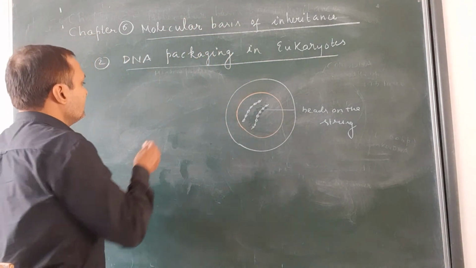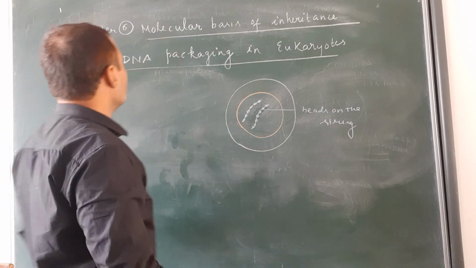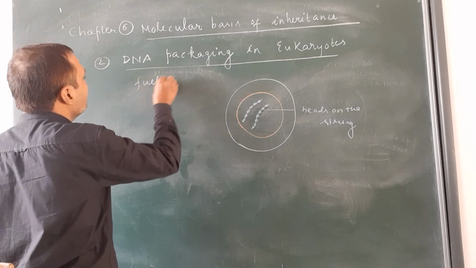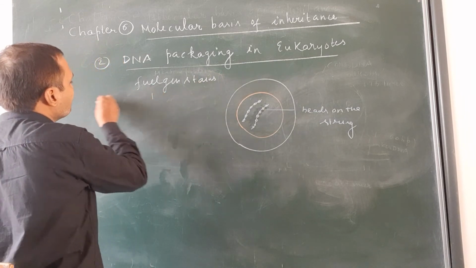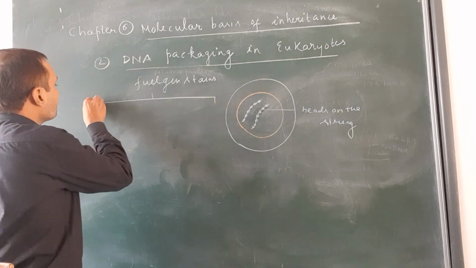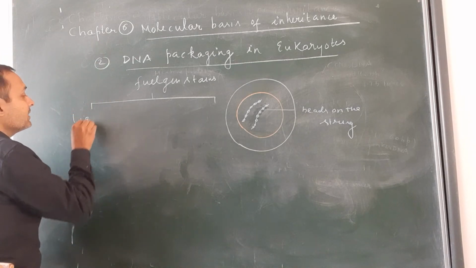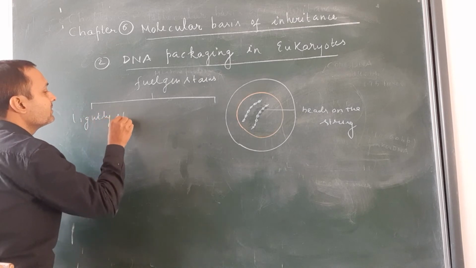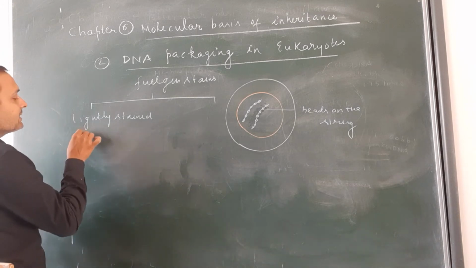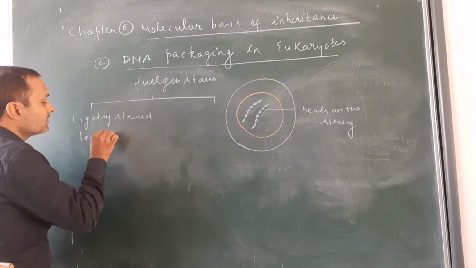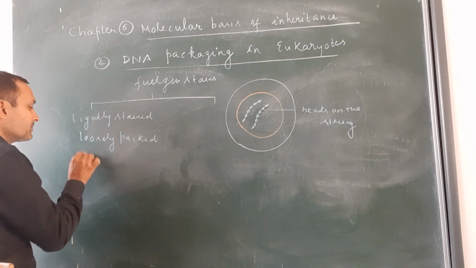When chromatin is stained with a stain, you will find that some part of the chromatin becomes lightly stained, and it is loosely packed and transcriptionally active.